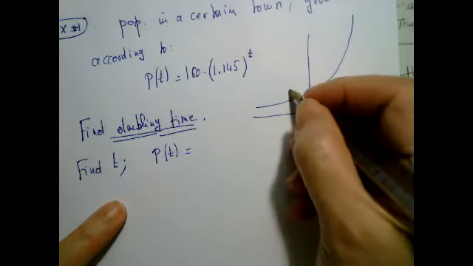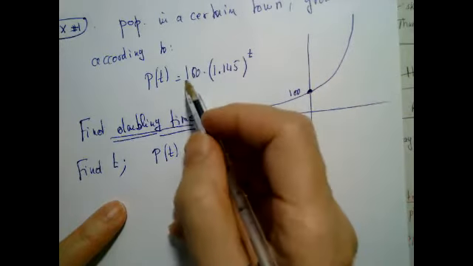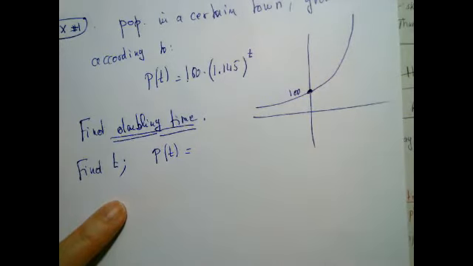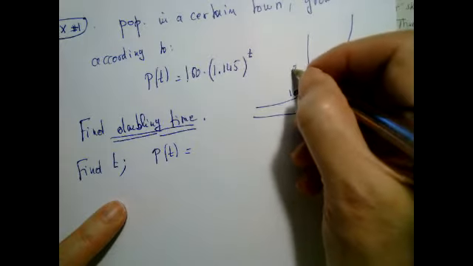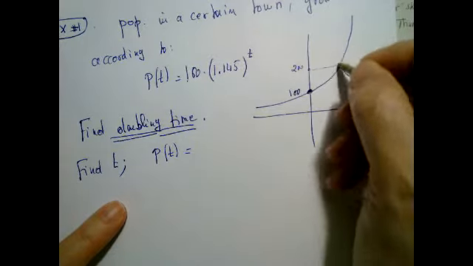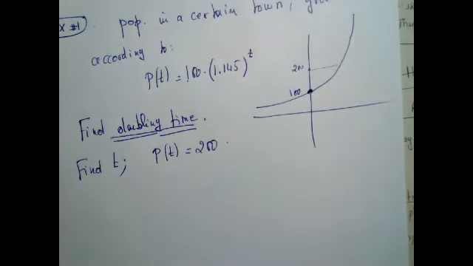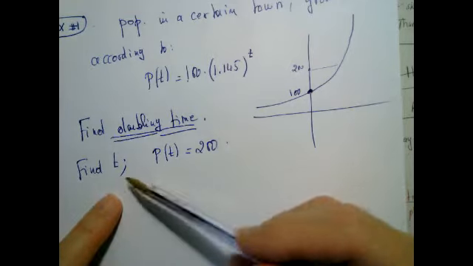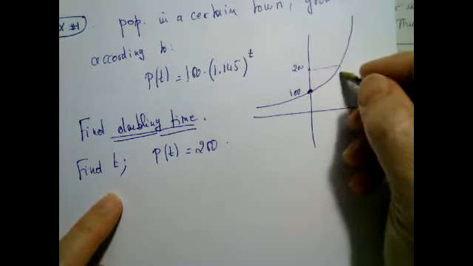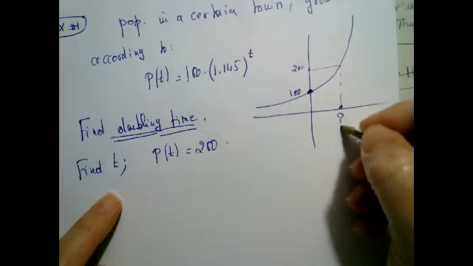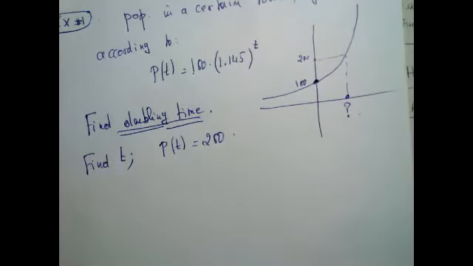The initial population is 100, because in this particular problem, I gave you the initial. It means we have to find t so that the population grows to 200. That's really what the problem is. So finding the doubling time is actually finding the time when the population is 200. Now, how do we do that?